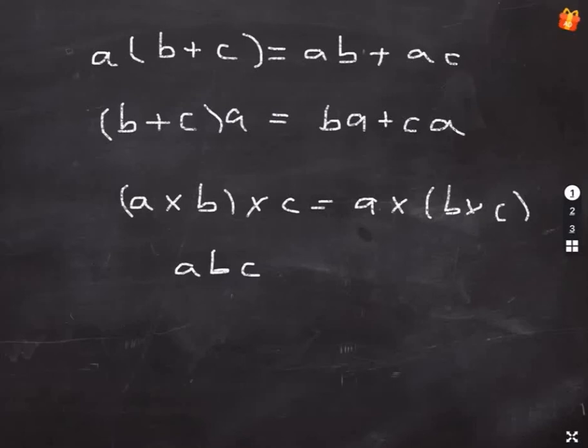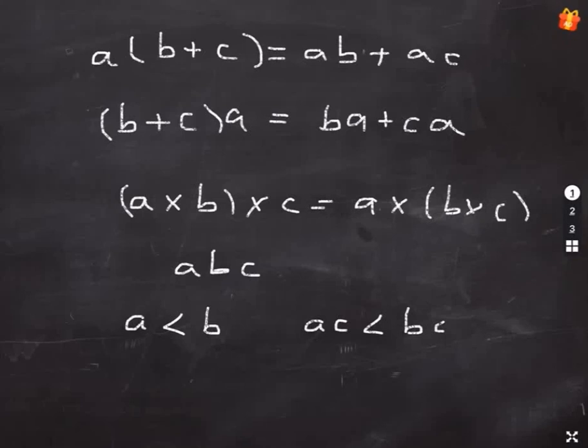Multiplication preserves order. If a and b are such that a is strictly smaller than b, and c is positive, then a times c is strictly smaller than b times c.